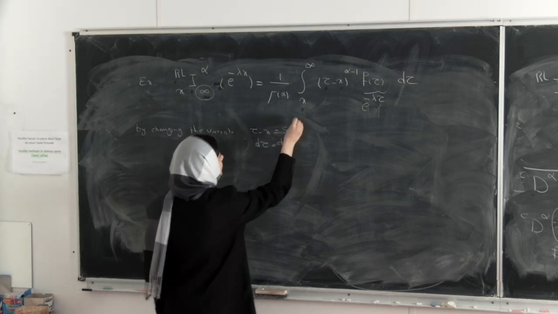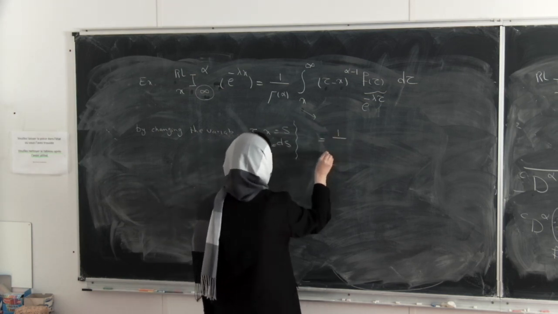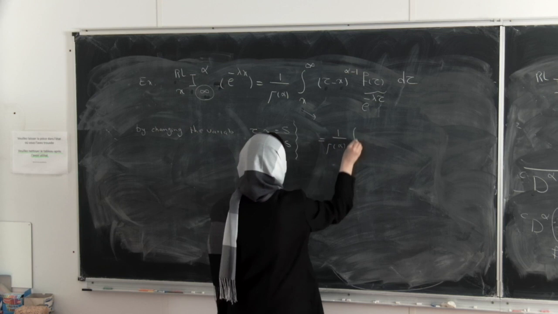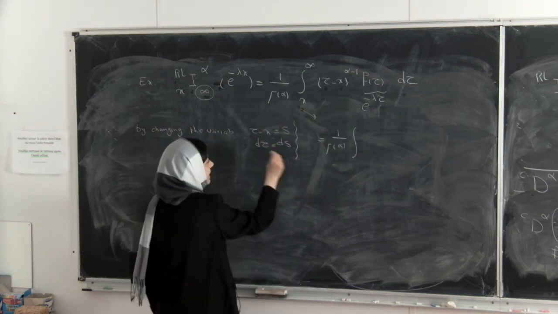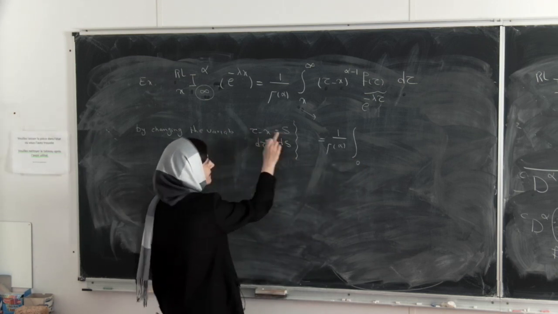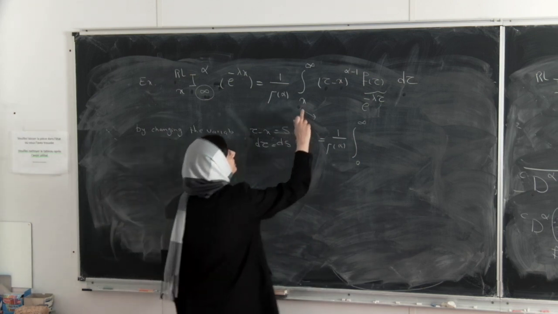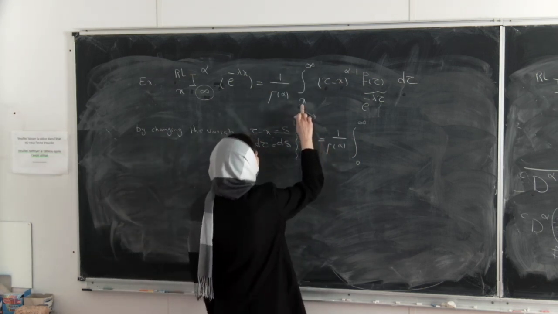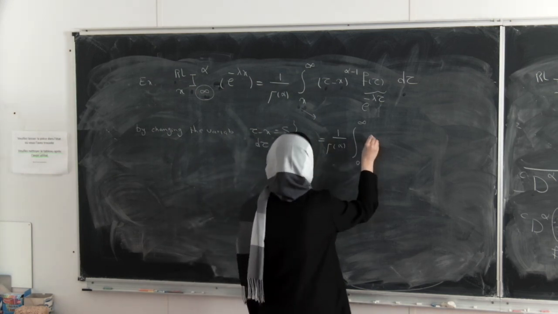We can write it equals 1 divided by gamma of alpha, integral. When tau is x, s is 0, and when tau is infinity, s is infinity. We change this integral from x to infinity to from 0 to infinity.